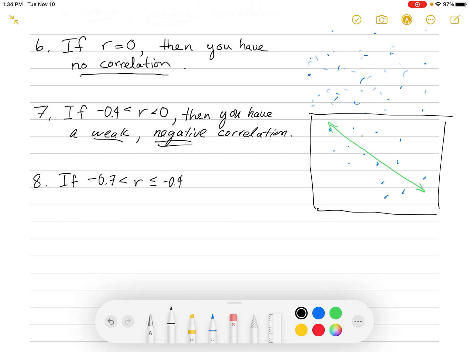If R is between negative 0.7 and negative 0.4, then you have a moderate negative correlation. So the strength of the correlation is moderate and it's negative.